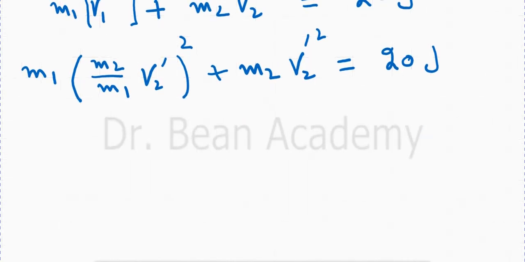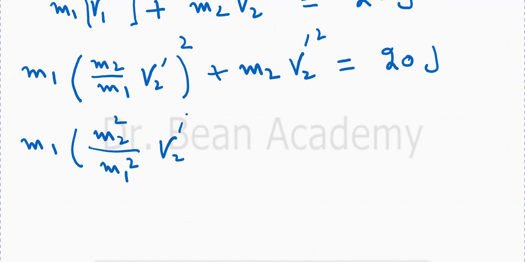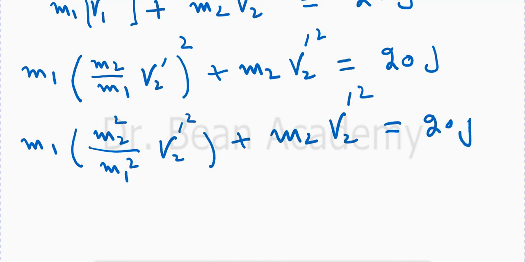So let's simplify it. m1, and if I take the square of all of these terms, m2 squared over m1 squared v2 prime squared plus m2 v2 prime squared equal to 20 joules.